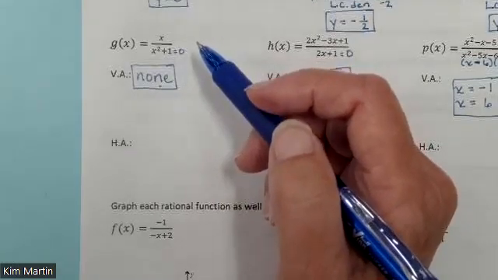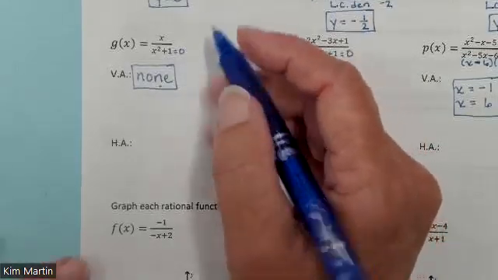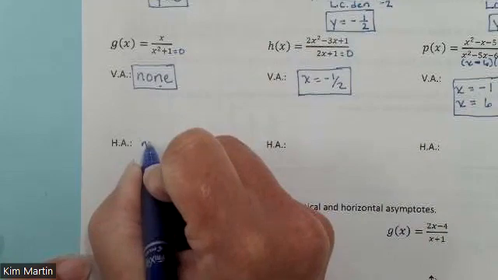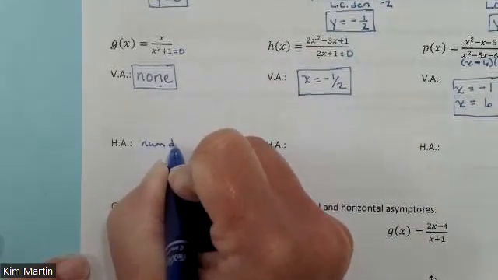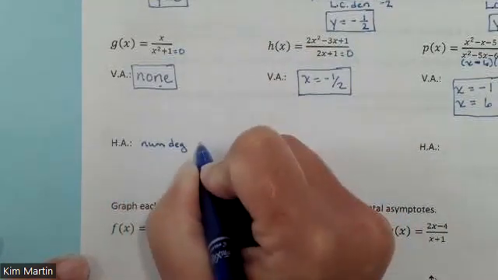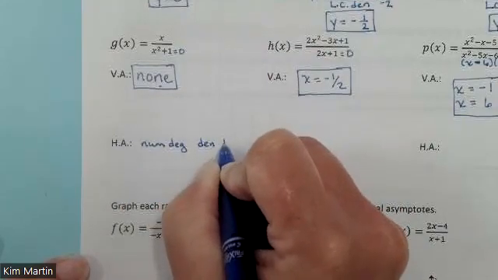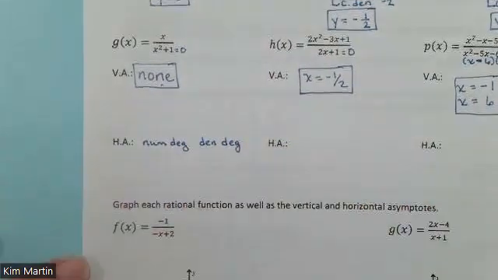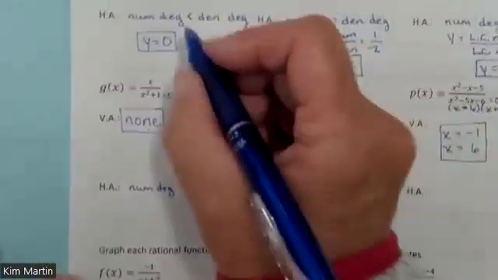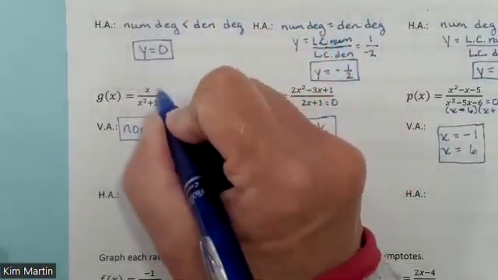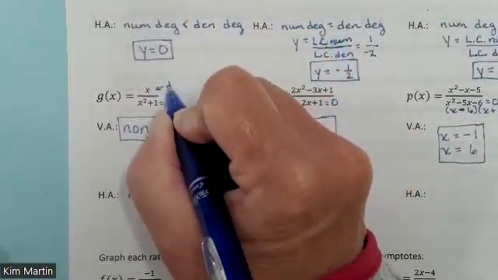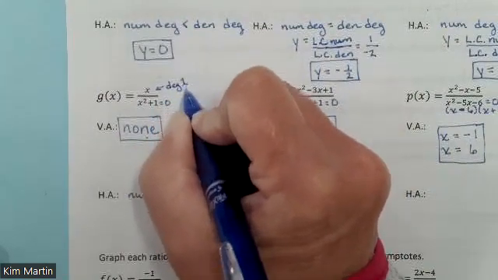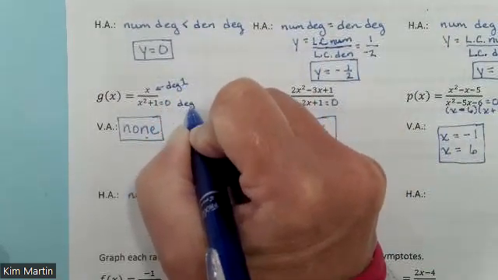Now, however, let's see if there's a horizontal one. Again, we take the numerator degree and compare it to the denominator degree. Well, degree of 1, right? Degree of 2, right?